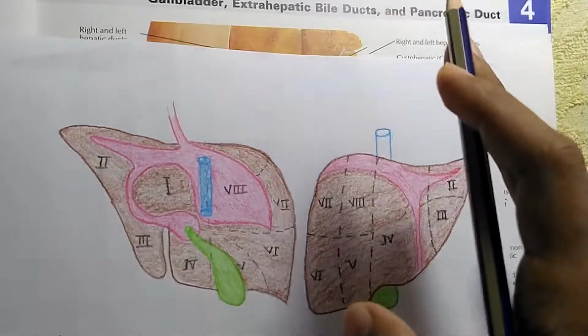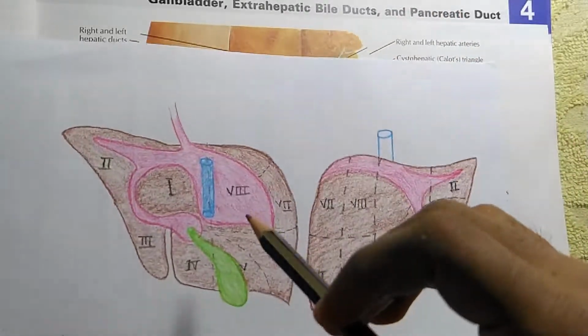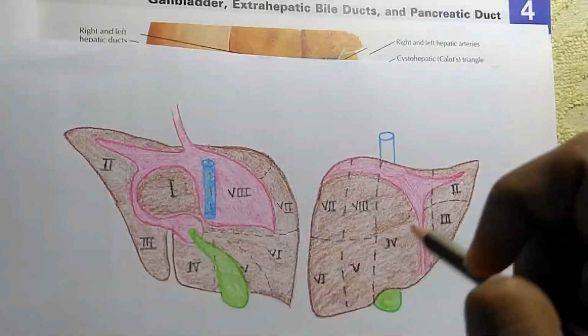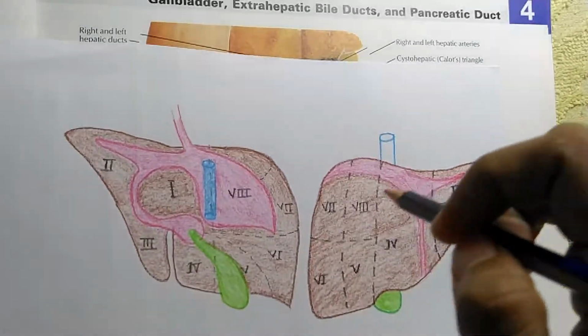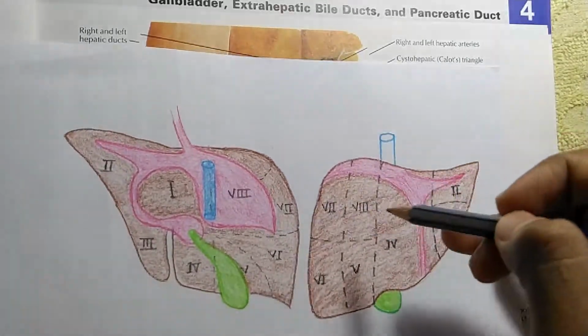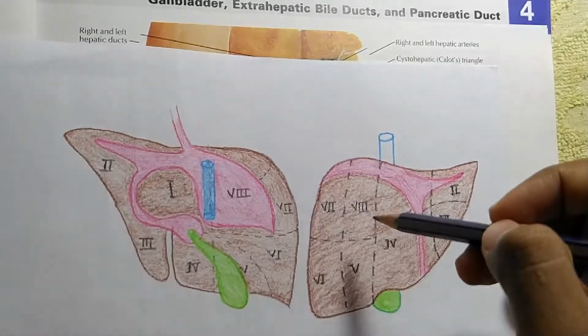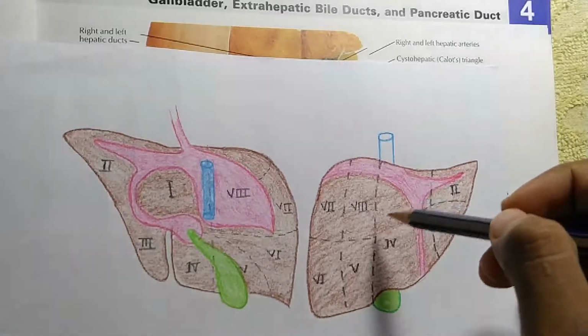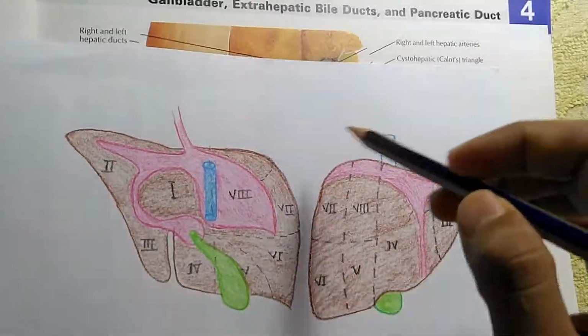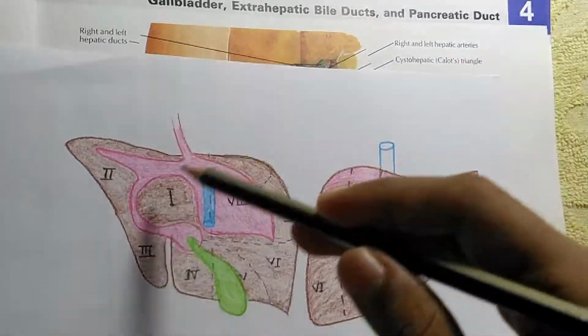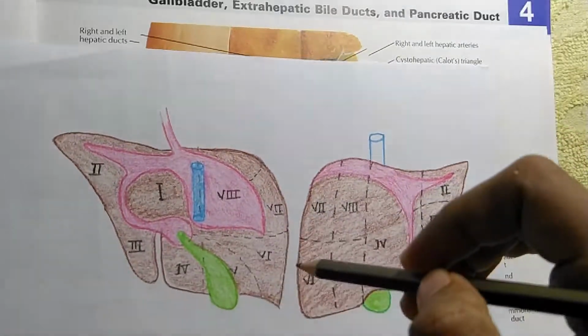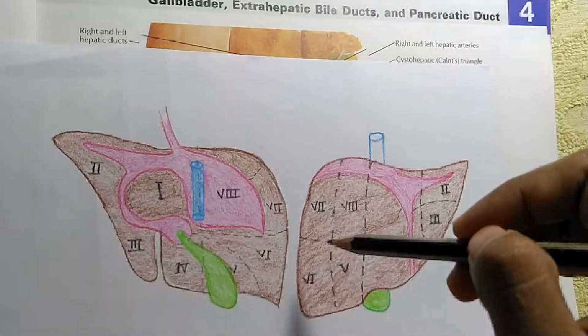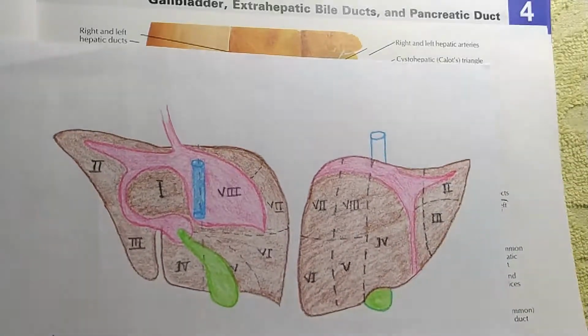Okay, so what is this numbering system? This is called the Couinaud segments. Dr. Couinaud first described these segments, so this numbering is called the Couinaud segments.